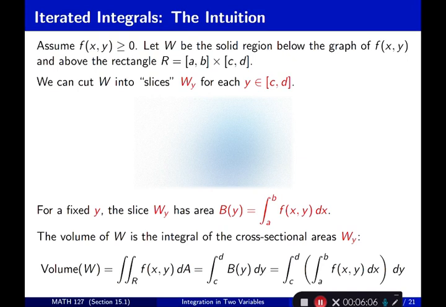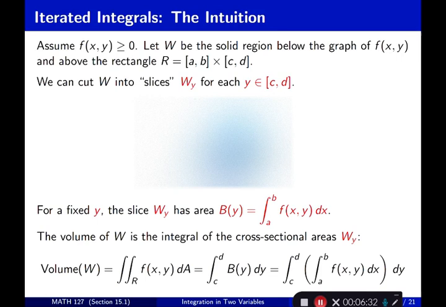We can cut W into slices, Wy, for each y in the interval [c, d]. For a fixed y, the slice Wy has the area A of y equal to the integral from a to b of f of x and y dx. The volume of W is the integral of the cross-sectional area of Wy.